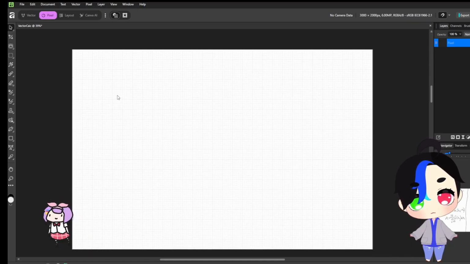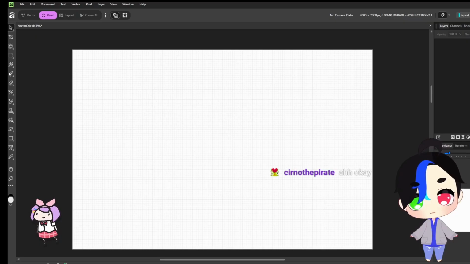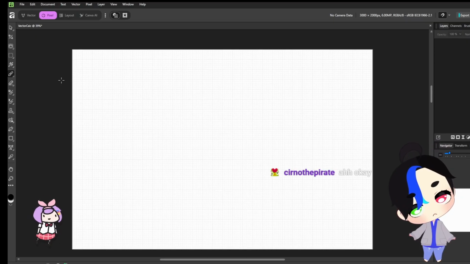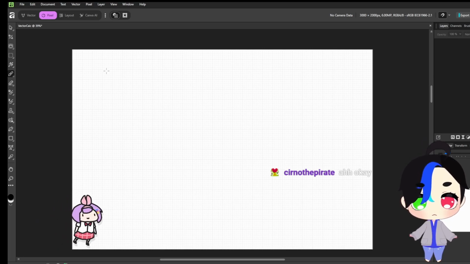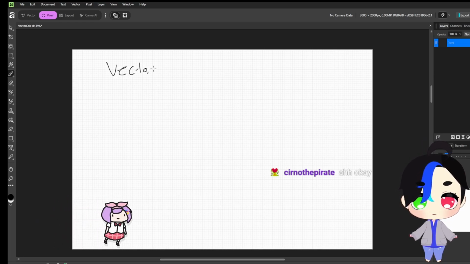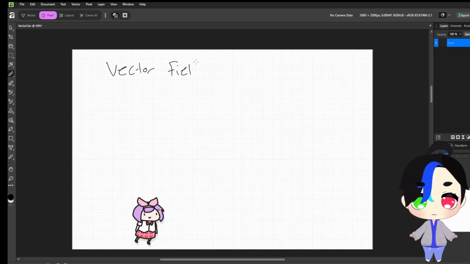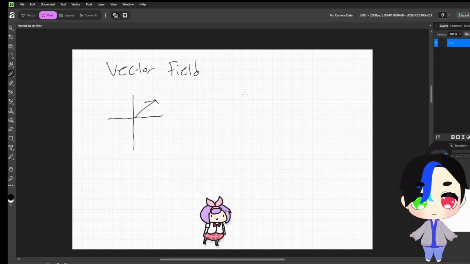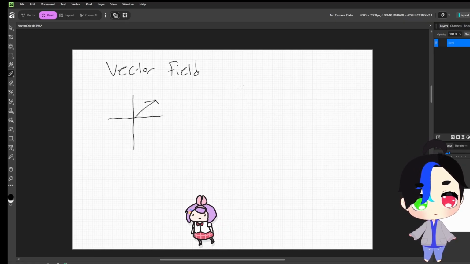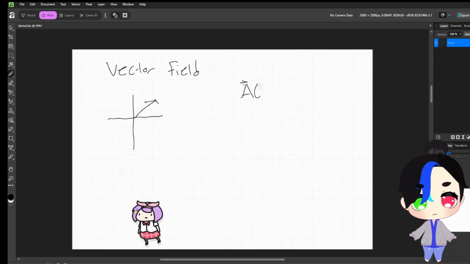So, how do we incorporate vectors into this? Well, first, we have to show what a vector field is. So a vector field, instead of just having one vector, like last time where we had some arrow pointing some direction, you're going to have some vector A that is dependent on x, maybe y, and sometimes z.